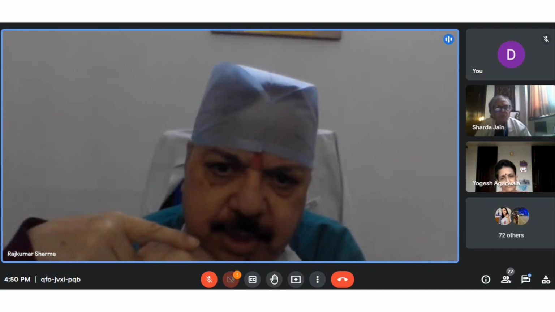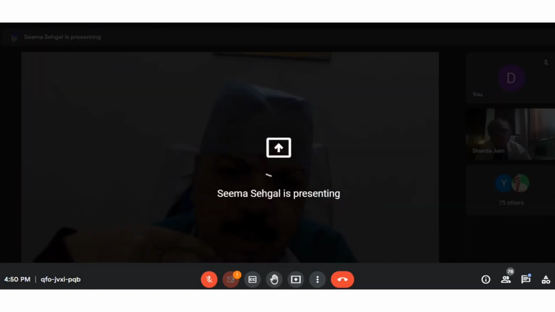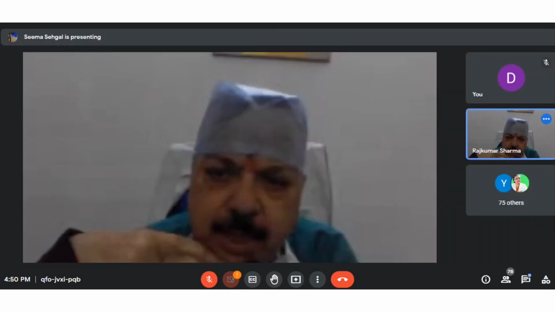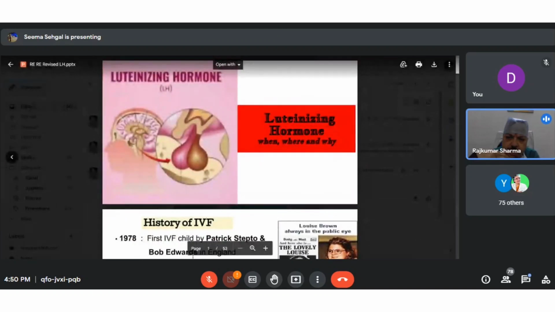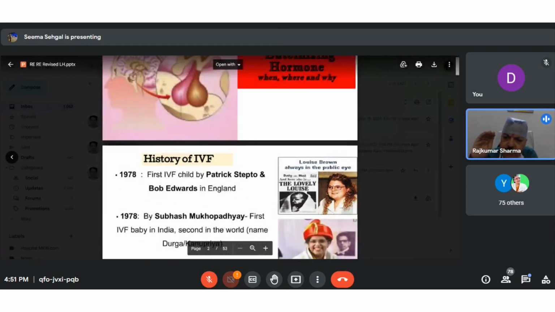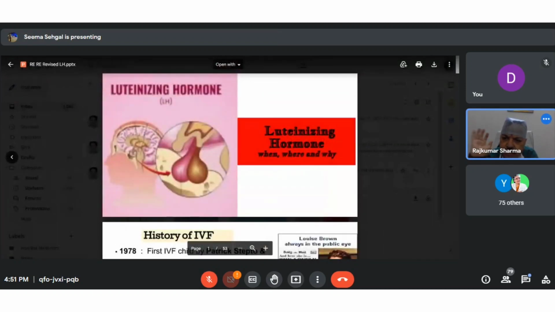Or when the woman is more than 35 years of age, that is the time you would require giving LH to these patients. Otherwise, most of the patients would do okay with FSH only, because even with downregulation with antagonist or agonist, they have that much LH level, which is just sufficient for folliculogenesis.